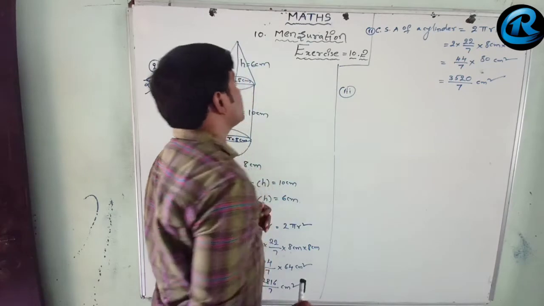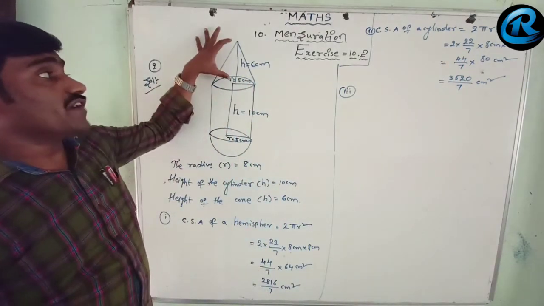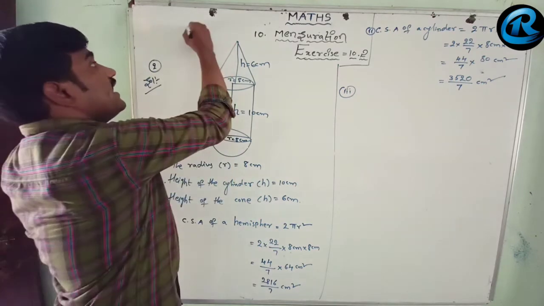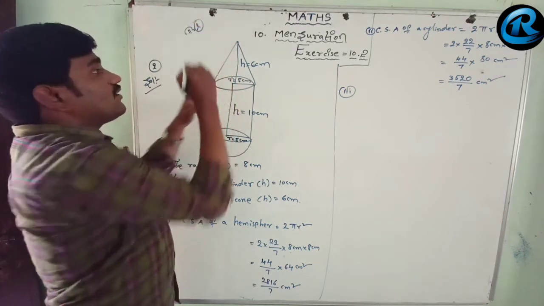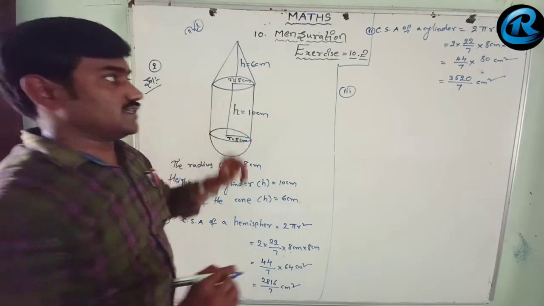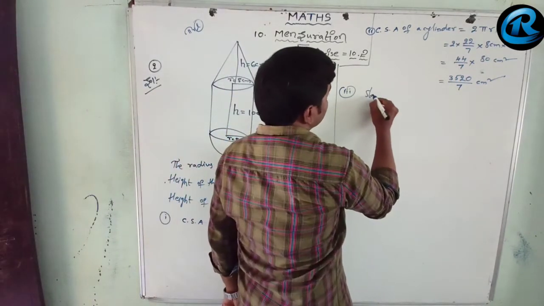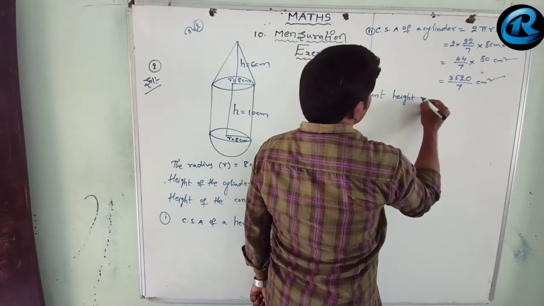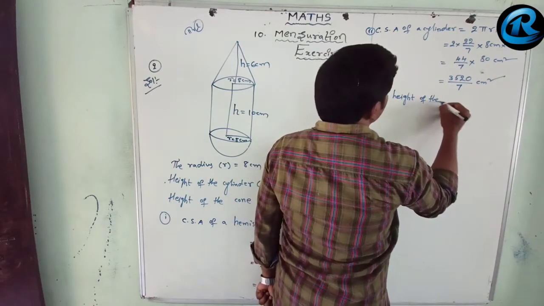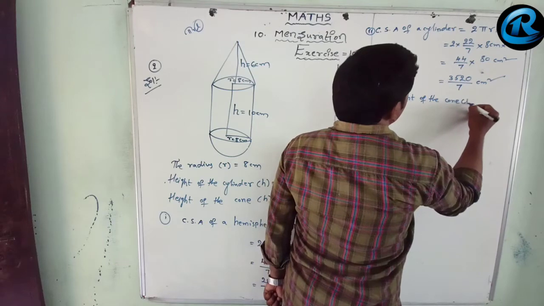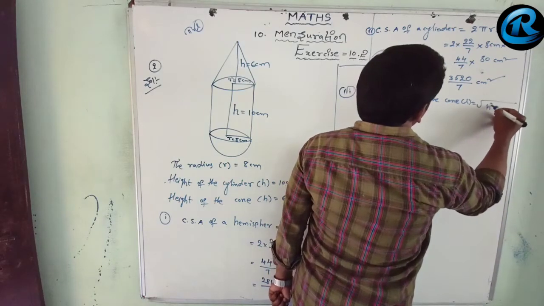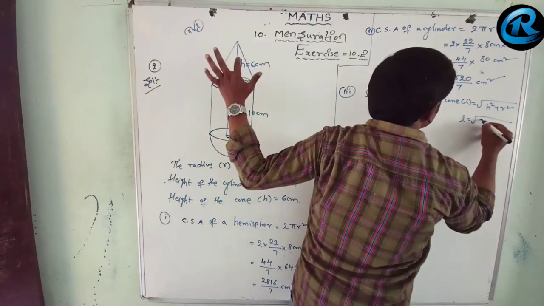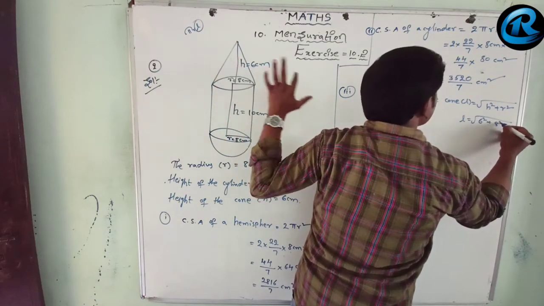The curved surface area of the cone we need to find out. How can we find it? By using the formula pi r l. But we should find the l value first. Let us find the slant height. L is the slant height of the cone. L equal to under root of h square plus r square, where h is 6 square plus r is 8 square.